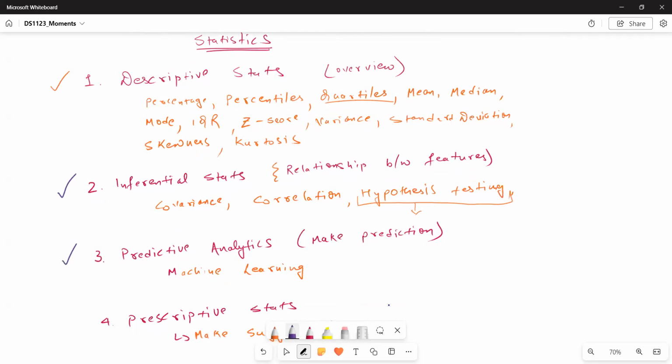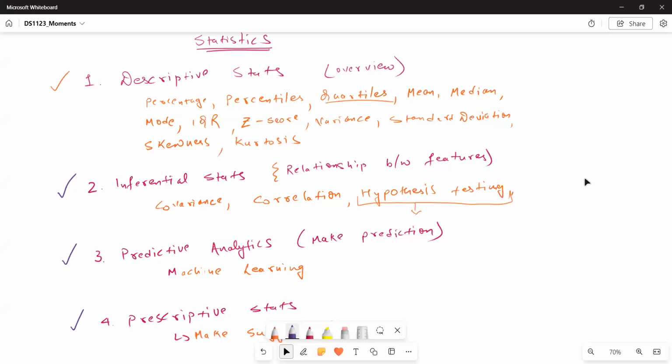Moving ahead with the predictive analytics, where we make predictions of a target variable, this is your complete machine learning. And finally, we have the prescriptive statistics that deals with making suggestions or prescribing some valuable information from the data that will help you make good business decisions, right? You are, let's say, the stakeholders.